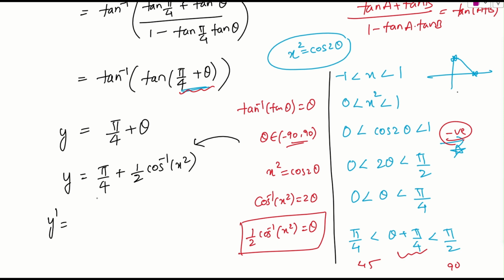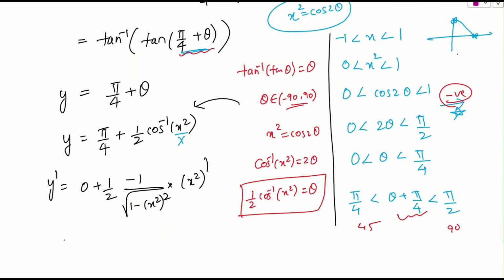y dash is equal to the constant's derivative, which is 0, plus 1 by 2 outside. We know that the derivative of cos inverse of x will be what? So here in place of x square we will take capital X. Is it okay? The derivative of cos inverse of X is minus 1 by root of 1 minus capital X, that is the small x square the whole square, into the derivative of what I have taken as capital X. So y dash must be equal to minus 1 by 2 into root of 1 minus x square whole square, which means x power 4.